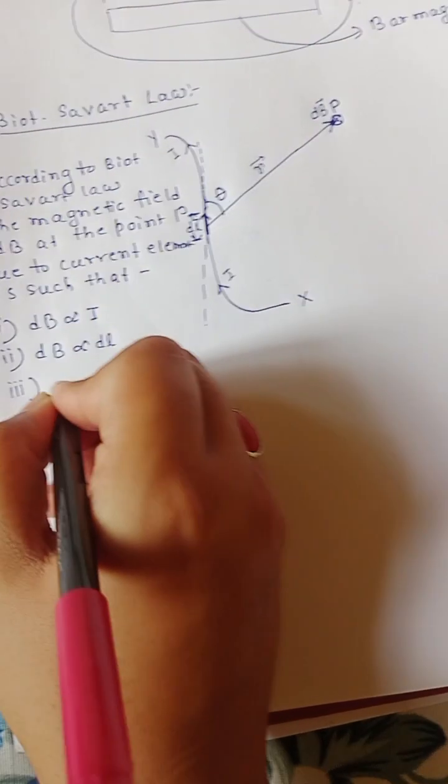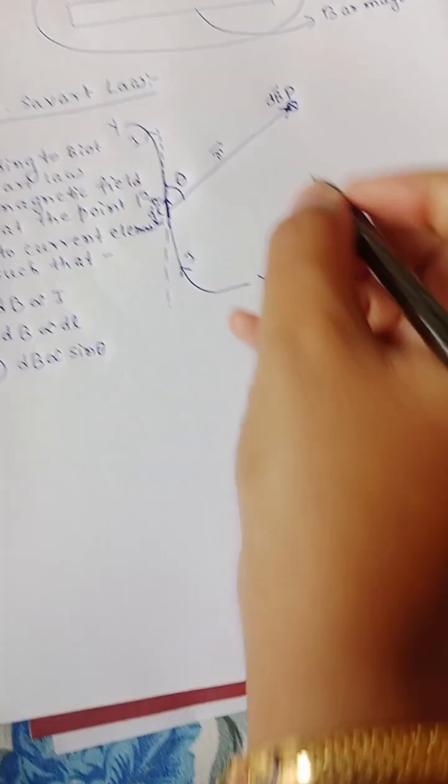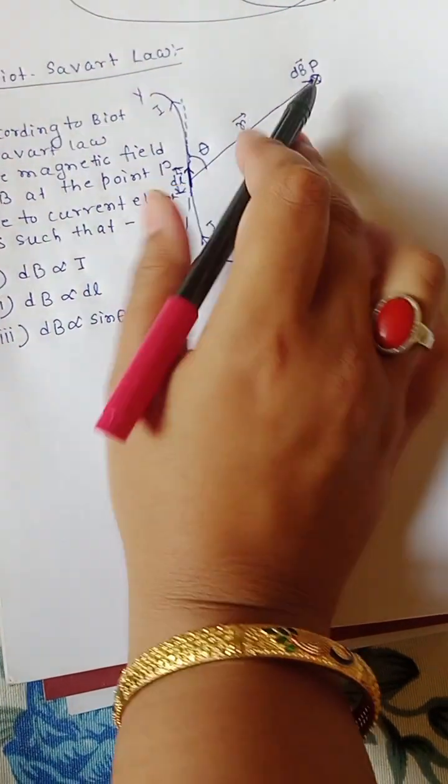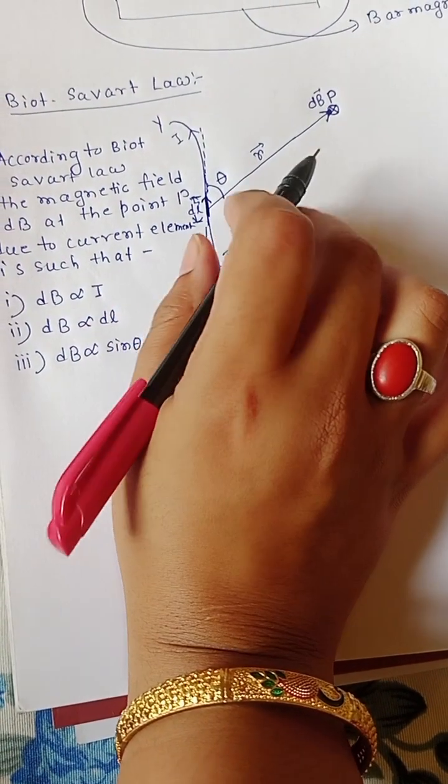And thirdly, dB is also proportional to sine theta, the angle between the current element and the line joining the current element and the point.